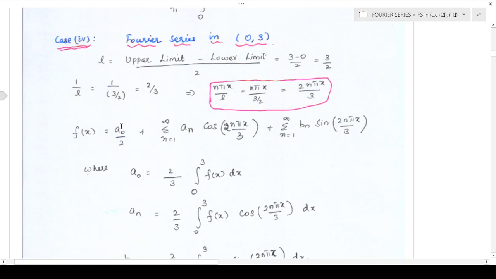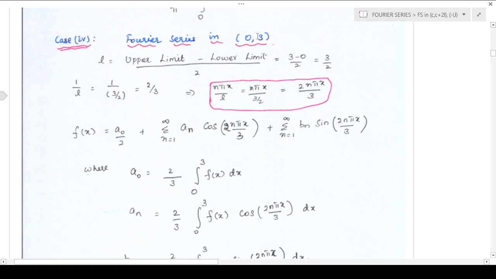So, f of x is a naught by 2 plus summation n equal to 1 to infinity a_n cos 2n pi x by 3 plus summation n equal to 1 to infinity b_n sin 2n pi x by 3. And then the Euler constants or Fourier coefficients are: a naught is 1 by L, 1 by L is 2 by 3. 2 by 3, 0 to 2L.